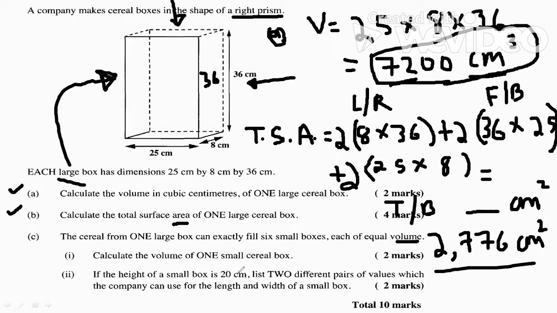Yes, sir. So basically, because it says they are equal and fill up equally, you're just going to divide everything by 6. So it's going to be 7,200.